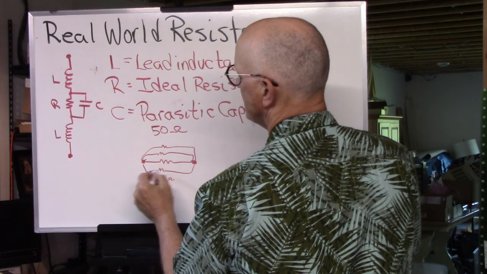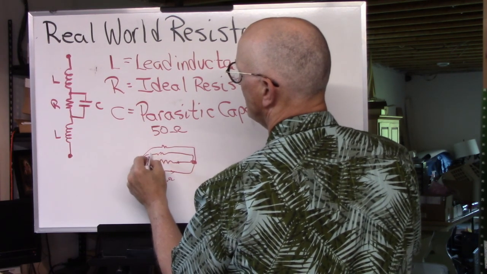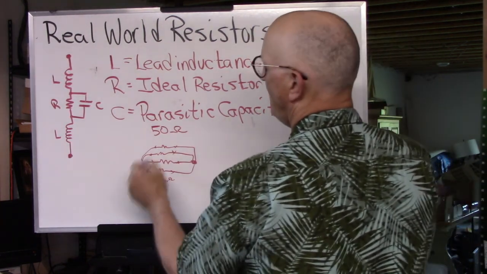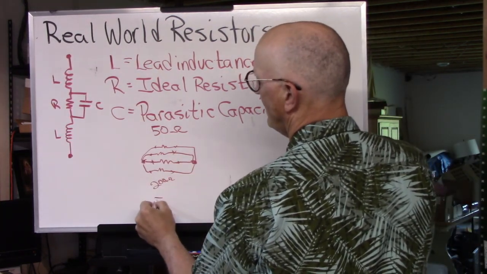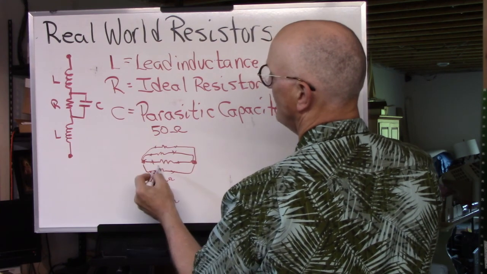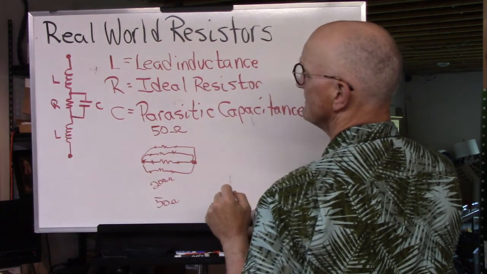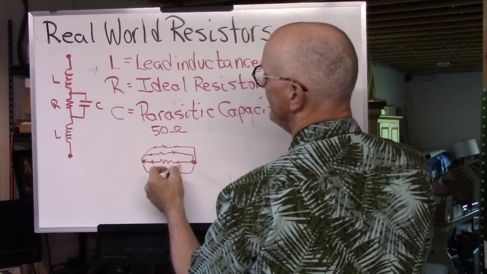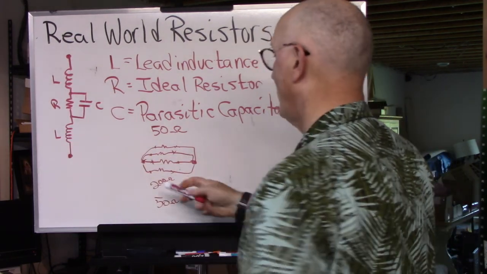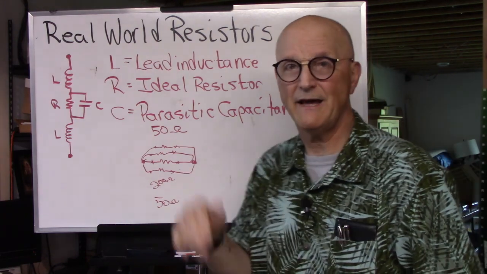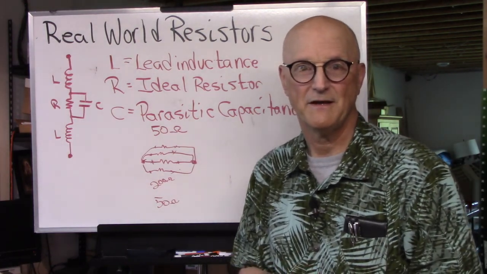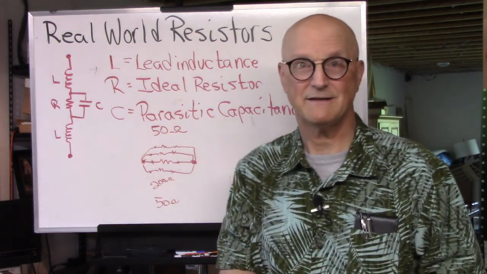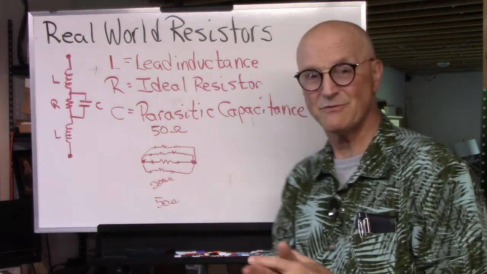Each one has the same amount of inductance associated with its leads. In parallel, we have 50 ohms because we have 4 200 ohm resistors. And then the inductance of these leads is now in parallel with one another, also dividing that inductance down. And so you end up with a much lower inductance 50 ohm resistor this way.